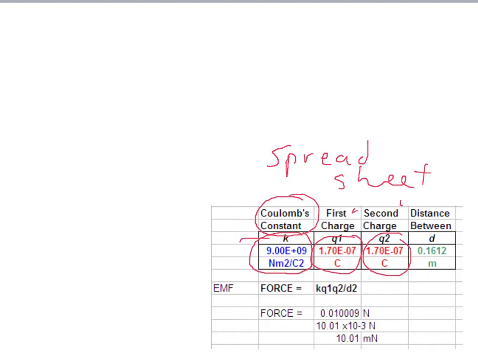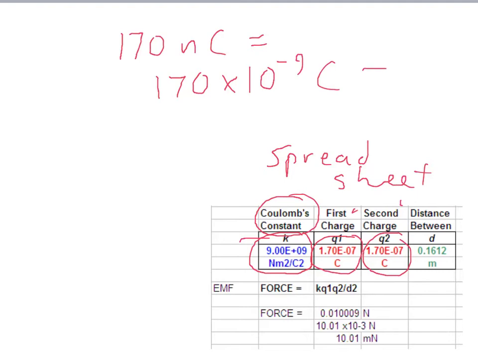You remember our slider said 170 nanocoulombs, and I know that means 170 times 10 to the minus 9th coulombs. But if I fix the scientific notation, so there's just one digit and then the decimal, the way scientific notation is generally written, I'll see that 170 times 10 to the minus 9th is the same as 1.7 times 10 to the minus 7th coulombs.